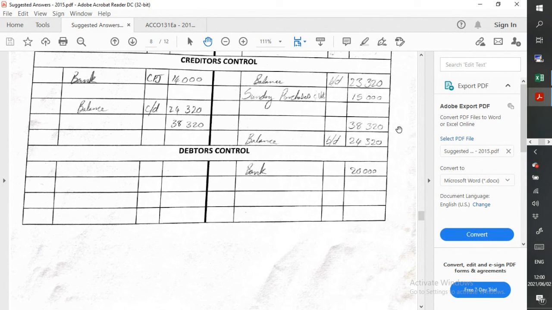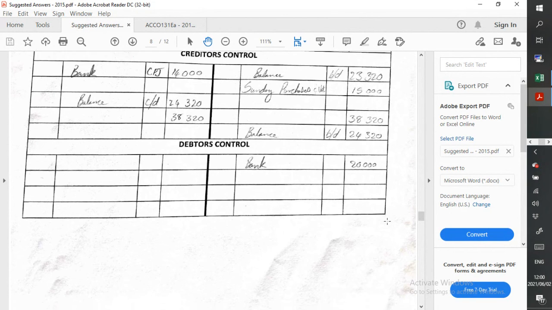So then we total the bigger side, we have 38,320, plug the same amount on the credit side, and then obviously we say, what is the difference between 14,000 and this 38,320? And we see that it's 24,320. All right, that's our balance carried down, and so our balance brought down is going to be the exact same amount, and we have that there.